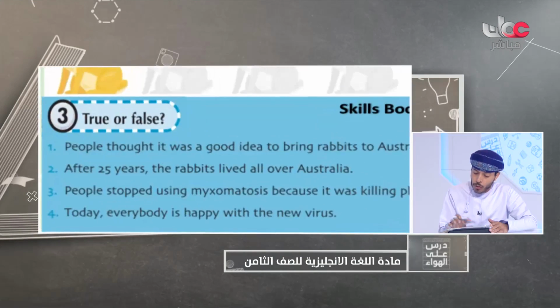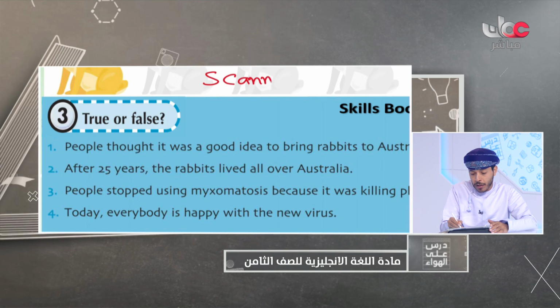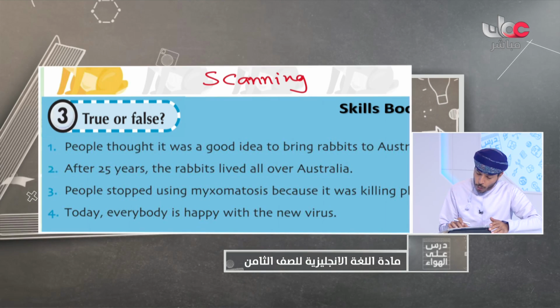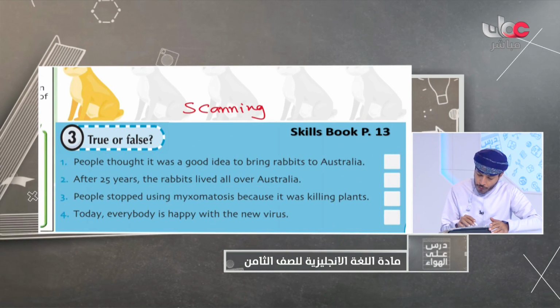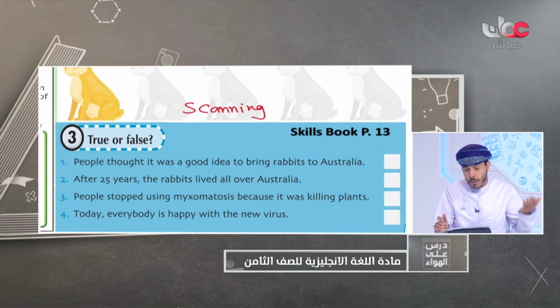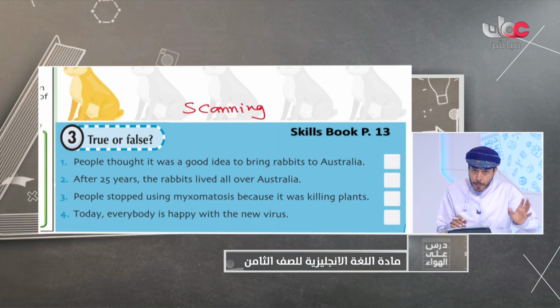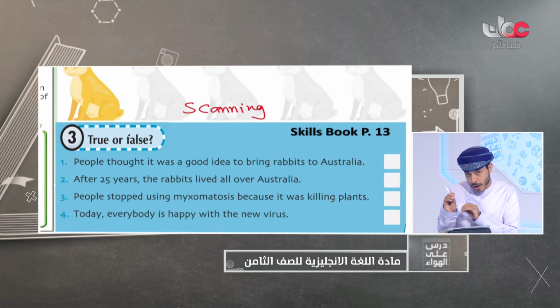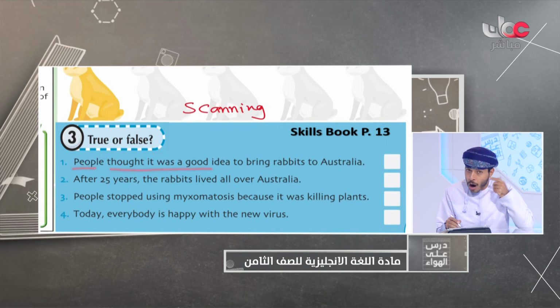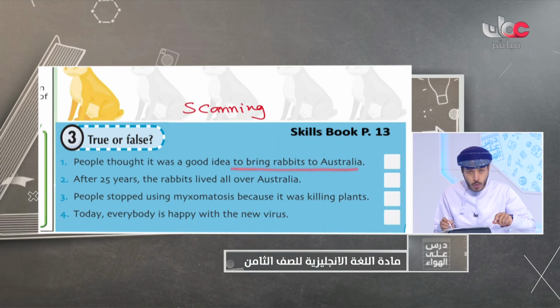But now, to use the second reading skill, which is scanning. Okay, in this one, look at them. You can find this activity in your skills book, page 13, and you can keep your class book open. Okay, so after this man took the 24 wild rabbits from England to Australia, people thought it was a good idea to bring rabbits to Australia.